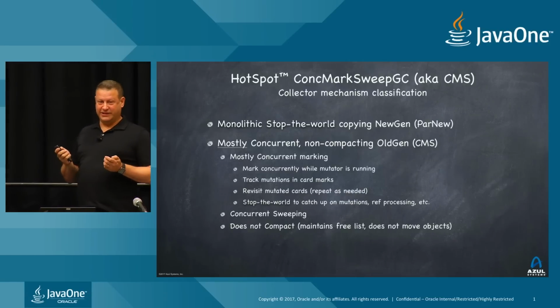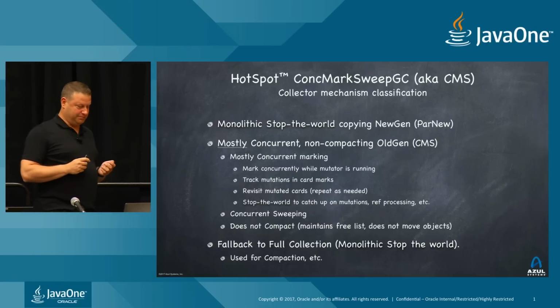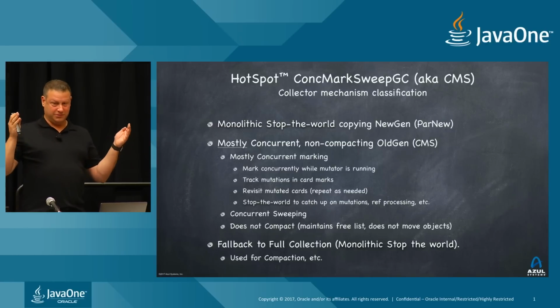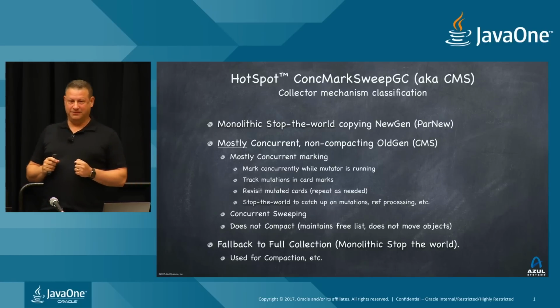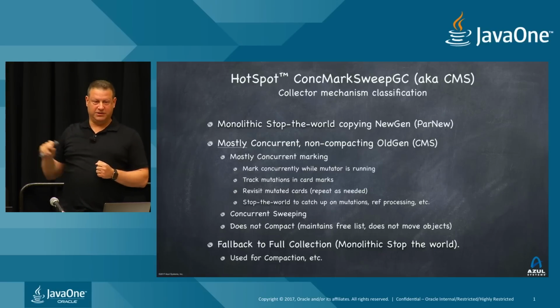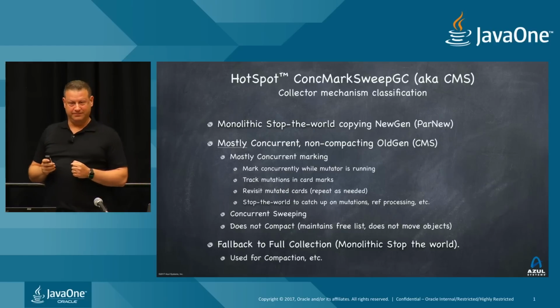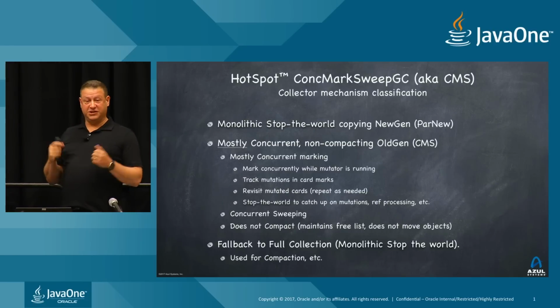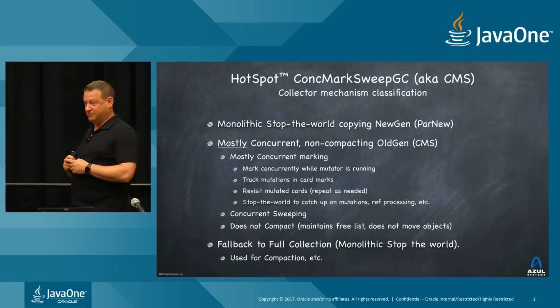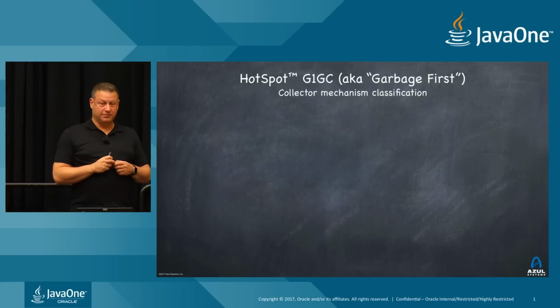Because you can't get away from compaction, so when it has to compact, it does a monolithic, stop the world, mark sweep compact. The CMS part is a filter between the new gen and the full GC. It's an effective filter, but eventually you'll hit the full GC. This is a big reason G1 exists as a collector, because of the realization that you can't get out of compaction.